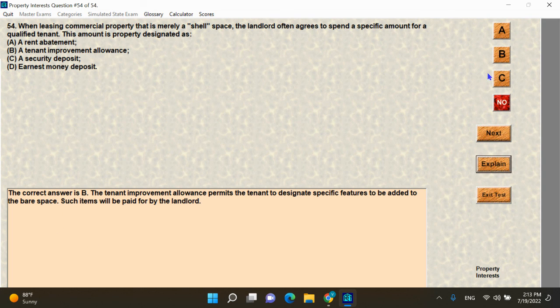The correct answer is B, a tenant improvement allowance. Explanation: the tenant improvement allowance permits the tenant to designate specific features to be added to the bare space. Such items will be paid for by the landlord.